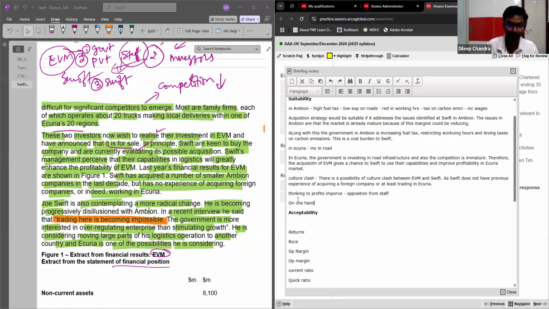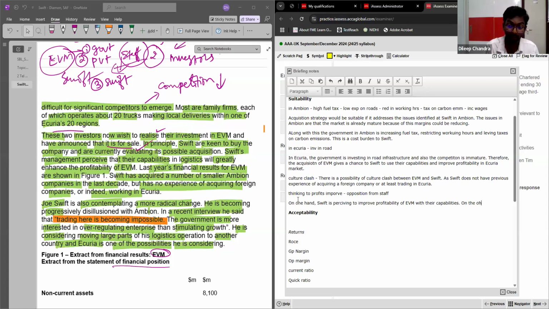On one hand, look at the wording. On one hand, Swift is perceiving, or you can simply write thinking, to improve profitability of EVM with their capabilities.